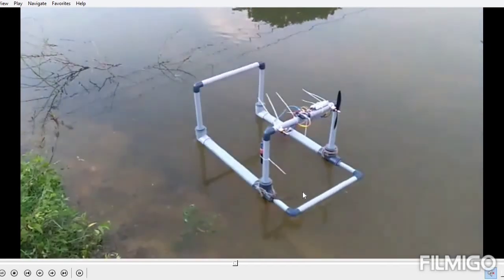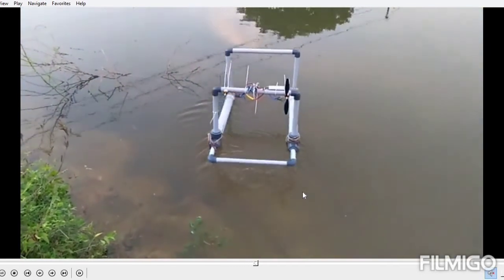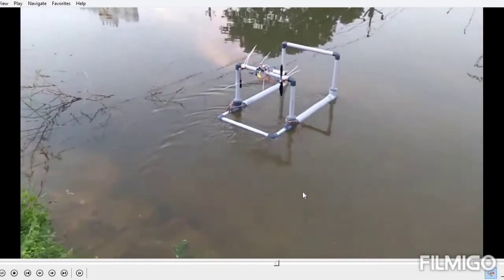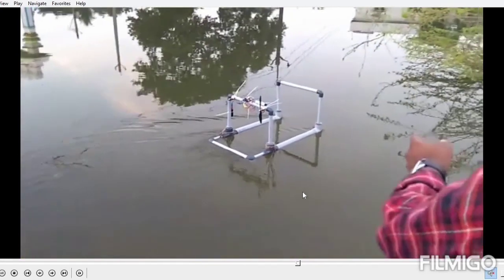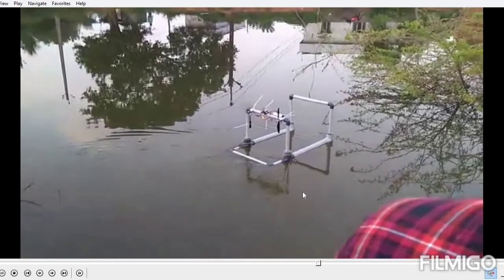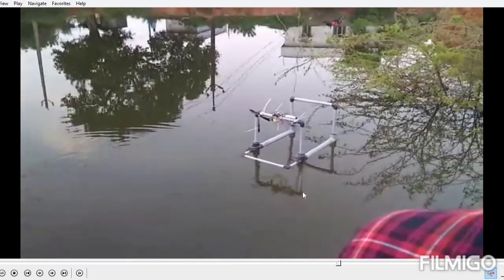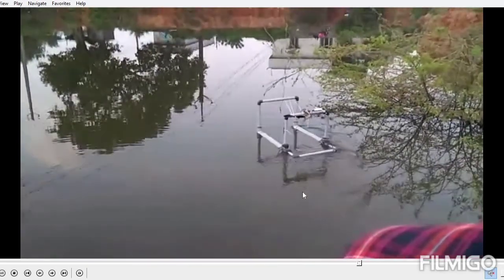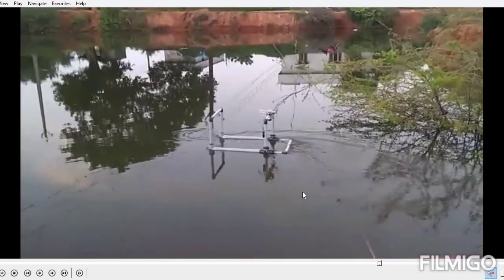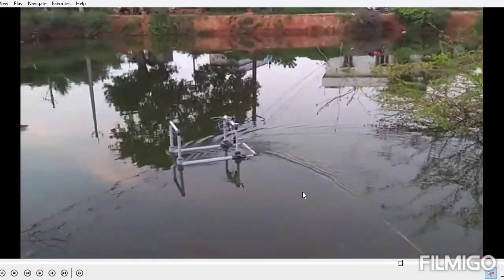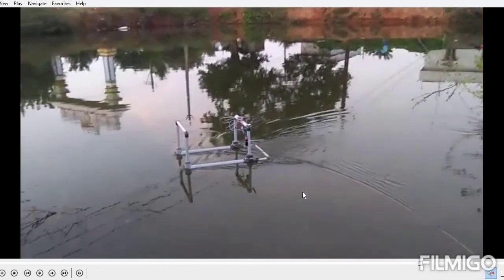See here, the machine is moving forward as I stopped one motor and I am controlling the speed of one motor here. As I am increasing the speed, it is turning left and moving. Here observe one thing, what I am doing.